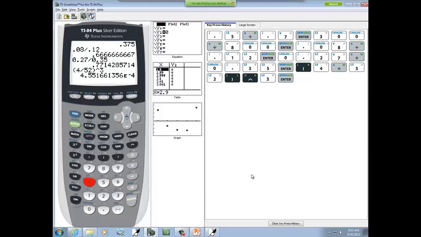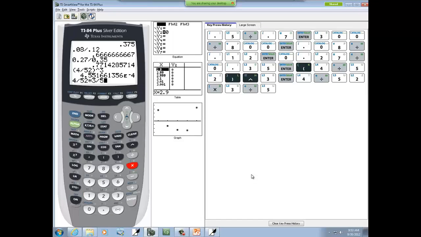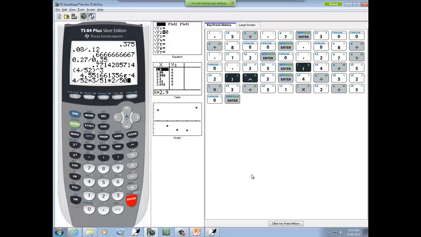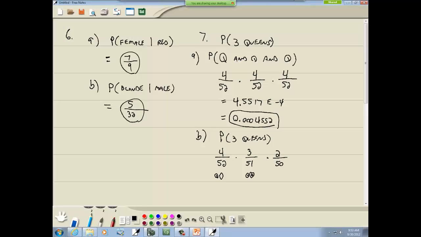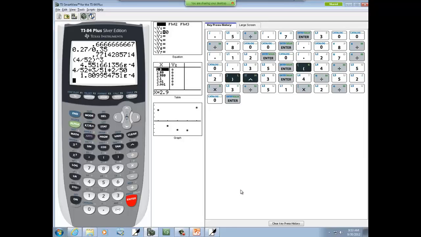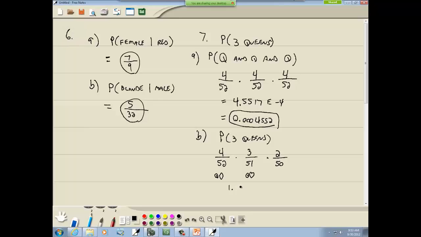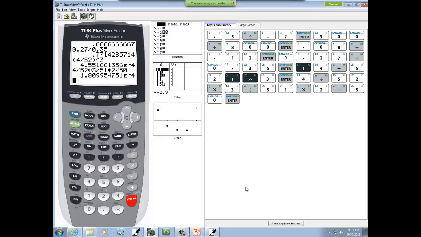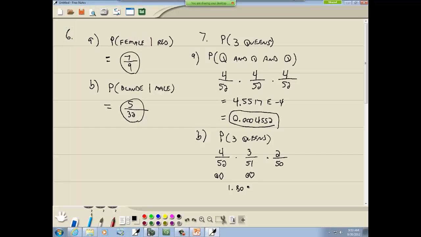So 4 out of 52 times 3 out of 51 times 2 out of 50 gives 1.80995 e to the negative 4.